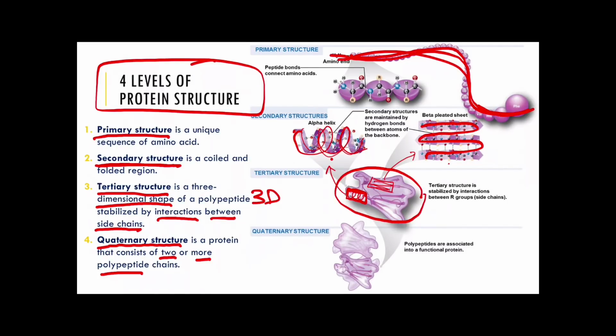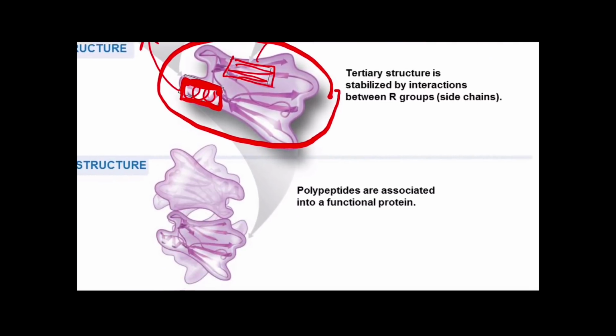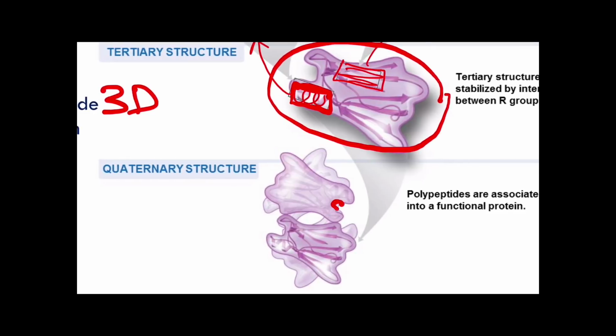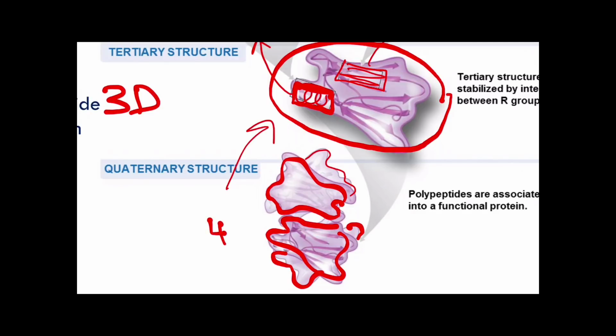The quaternary أكثر من واحد، شوفوا هنا واحد، بسوي زوم، هذا واحد وفي وراه واحد ثاني، وهنا واحد ثالث وراه رابع، فهنا مثلا في 4 من هذه مع بعض.